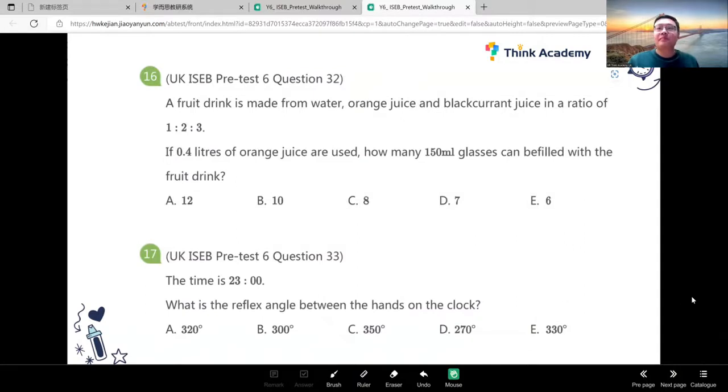Next one. A fruit drink is made from water, orange juice, and black currant juice in a ratio of 1 to 2 to 3.